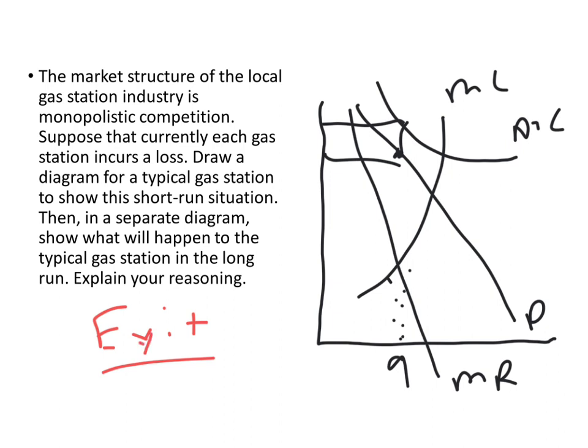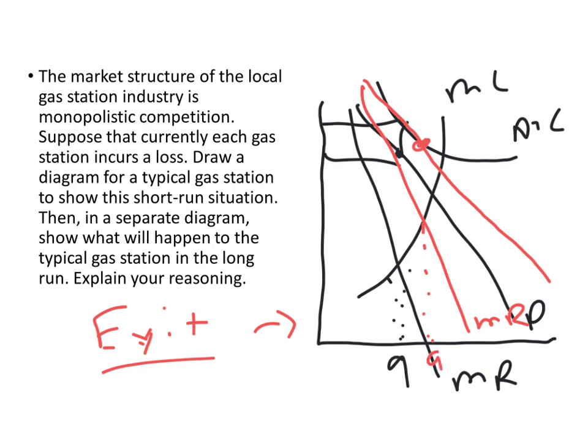When some firms exit, this gas station might see an increase in demand. We'll see that demand curve shift to be tangent with ATC, and we'll see the MR curve here. You'll have to line up the MR equals MC point with where that new tangency is on the demand curve. Now at the new quantity, this is a firm that's breaking even.